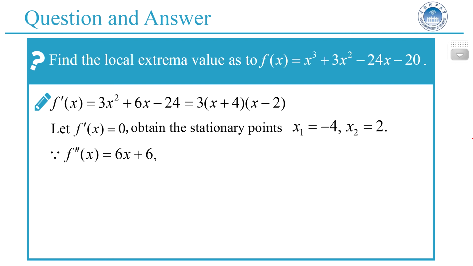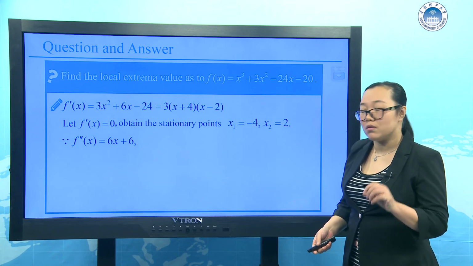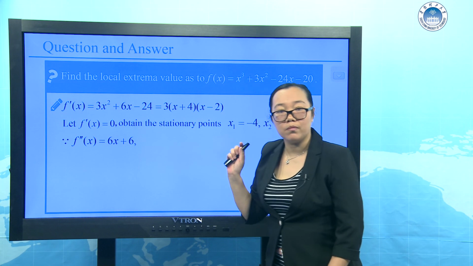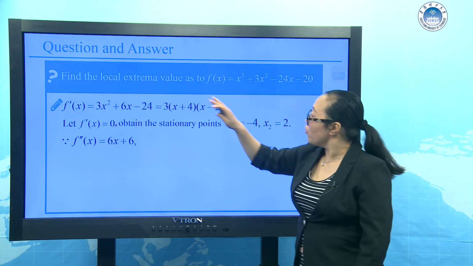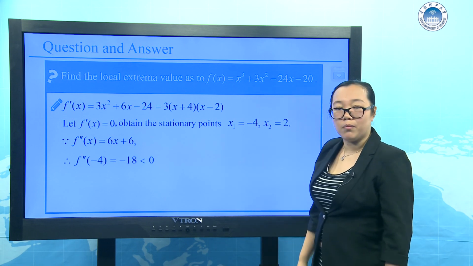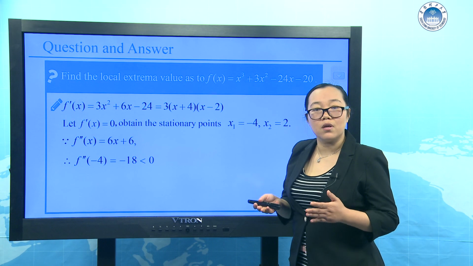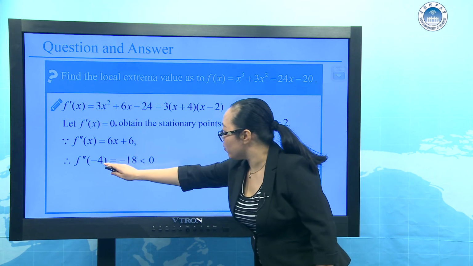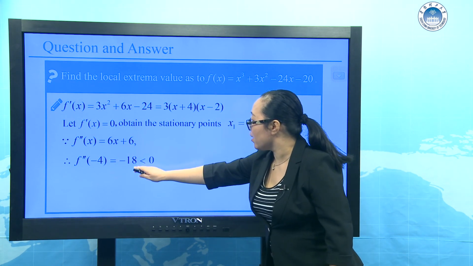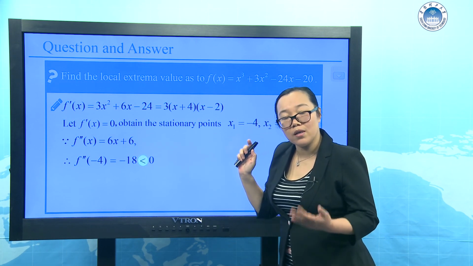We found the two stationary points, and then determine the signs of f double prime at the stationary points. F double prime is 6x plus 6. We can determine f double prime at the first stationary point minus 4 equals minus 18, less than 0. Less than 0? Remember? Yes.